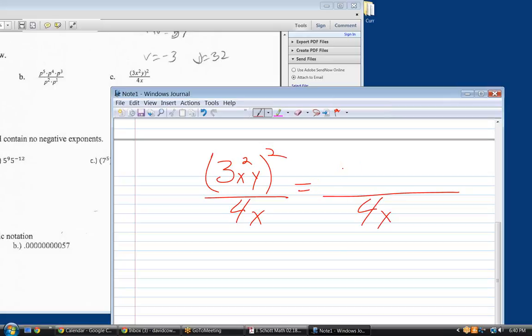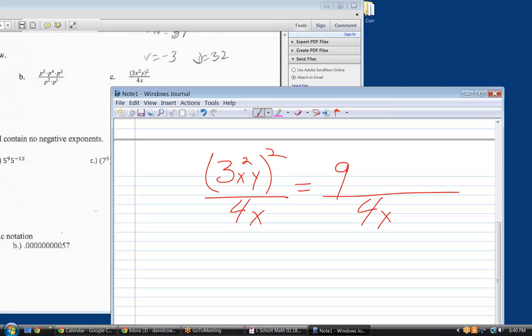3x to the 4th. Okay, do it term at a time. Square the number, and then square the x variable, and then square the y variable. So what is 3 squared? 6. 3 squared. No, 9. Okay, so there's the number part.